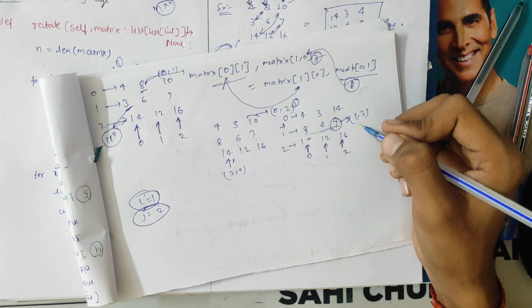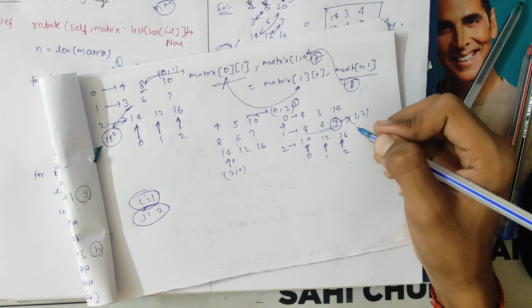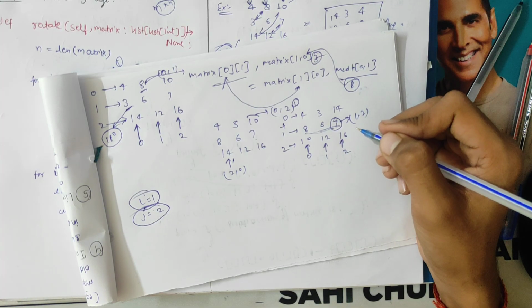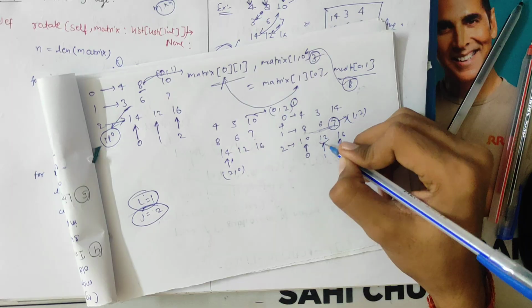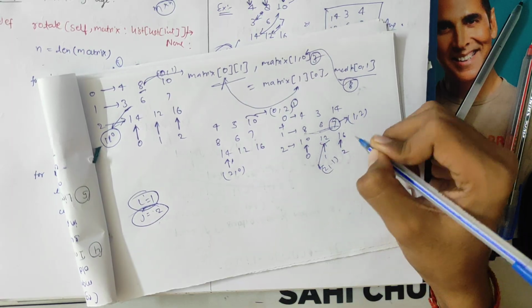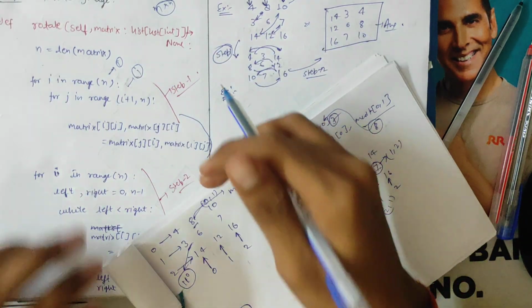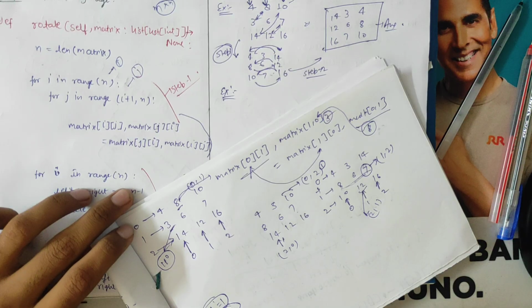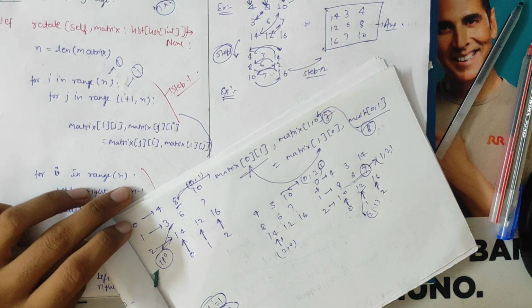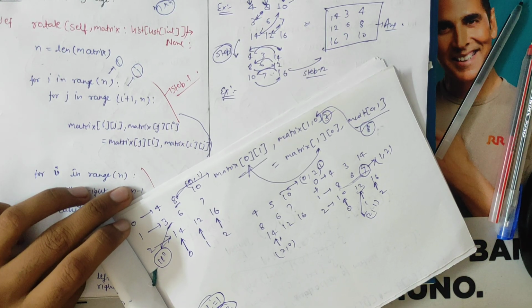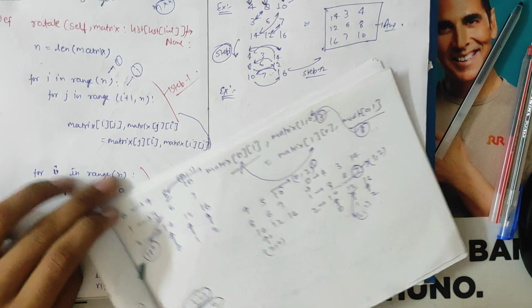So 7 will be swapped with 12, which is 2 comma 1. Again the same operation: 7 will come to 12's place, and 12 will go to 7's place.